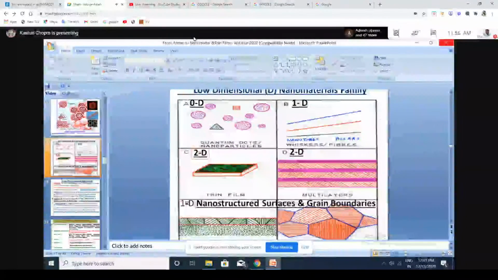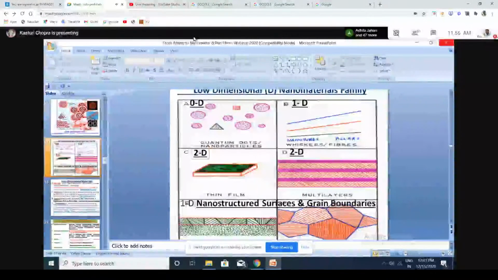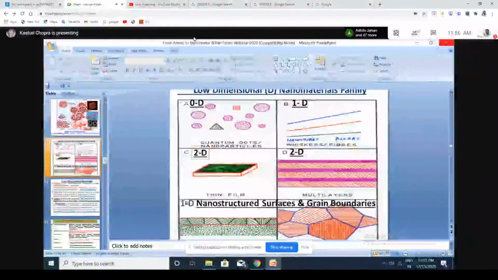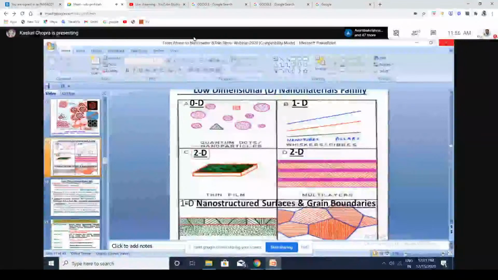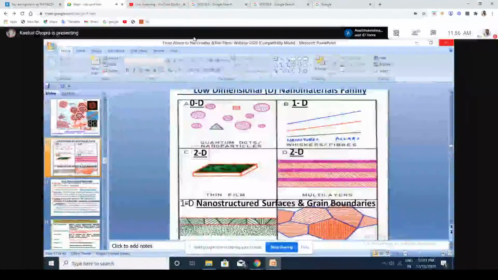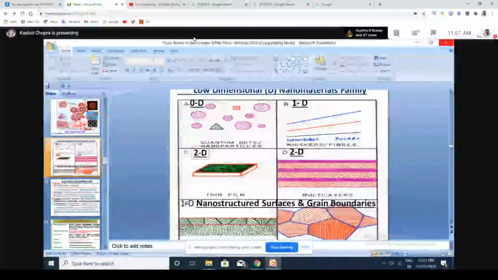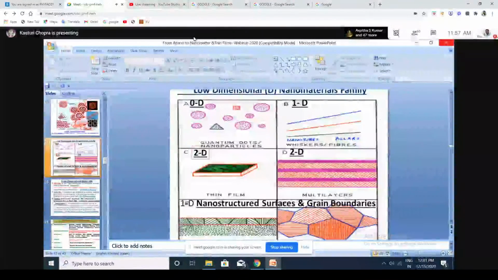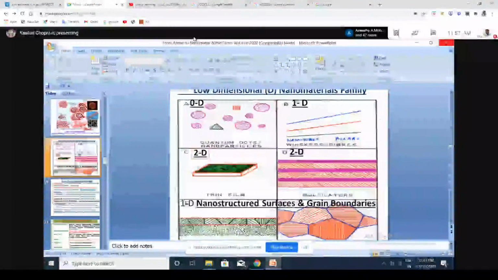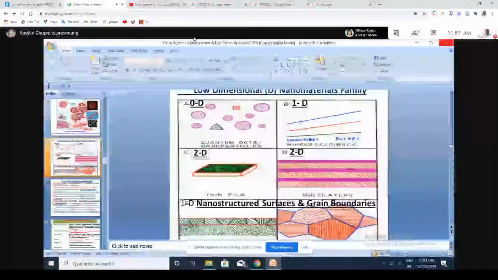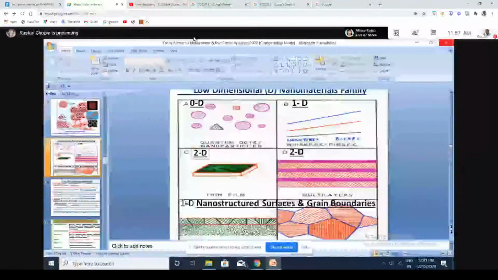So therefore, the surface of any material, doesn't matter biological or otherwise, is nanostructured. That is, the few atom layers, 2 to 3 or 4, depending on the material, are nanostructured. They have a different structure. This is probably the most natural way of making nanomaterials, if you want to say that.